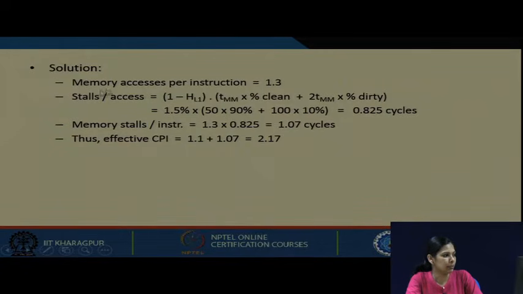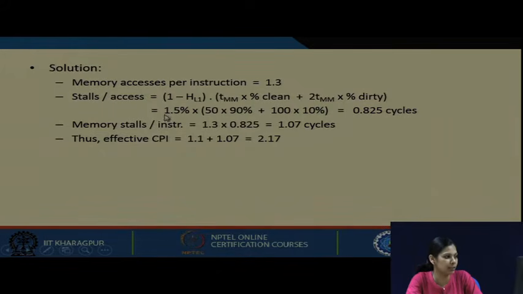Now, stalls per access will be 1 minus hit ratio of L1 into TMM into the percentage of time it is clean, because when it is clean, we have to write it only once. If it is dirty, then we have to do it twice. We have already seen that in our previous lecture.